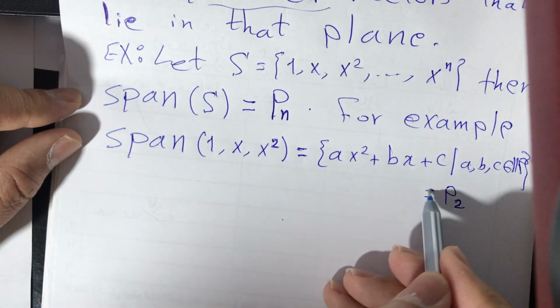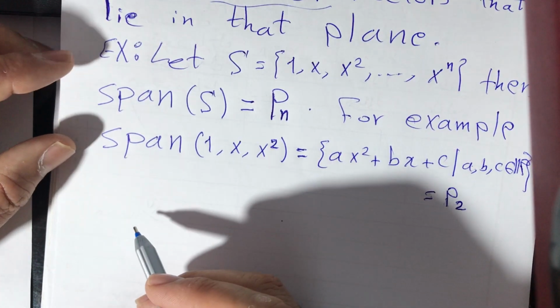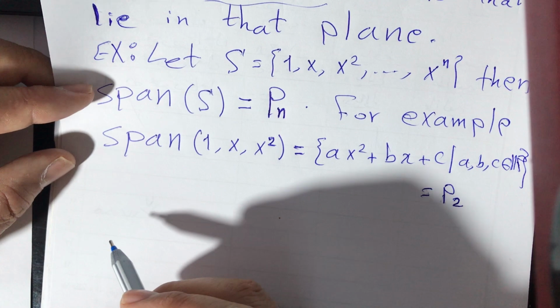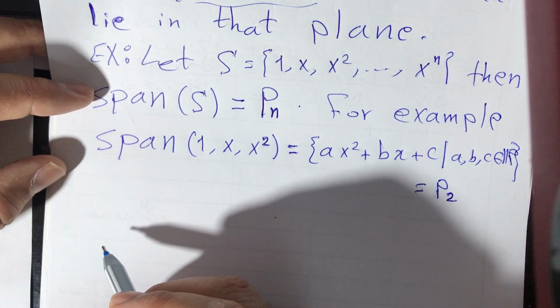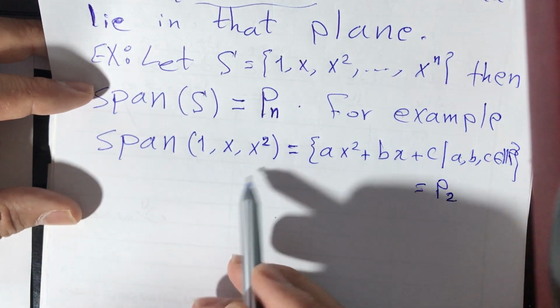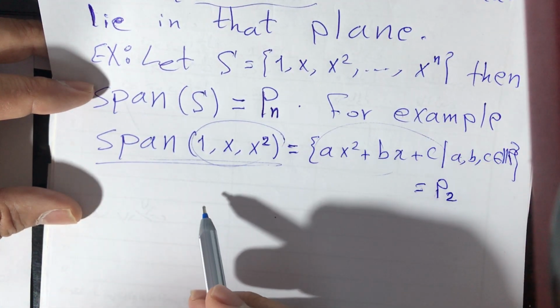This is polynomials of order 2. I think this is clear. This is the span of polynomials of order 2.